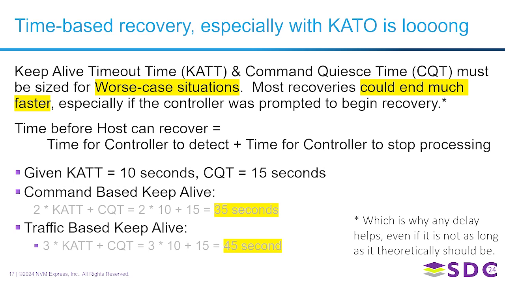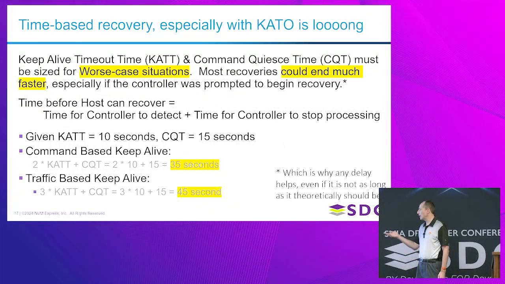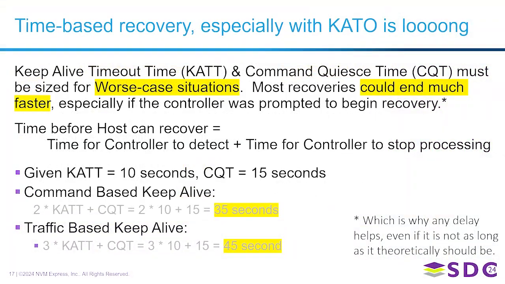And these are pretty conservative times. I mean, this is a pretty fast failover for a complicated array. And if you do traffic-based keep alive, which tends to be a little bit more robust because you continue to have the connection going as long as you have traffic, you're waiting even longer. And this is just too long.